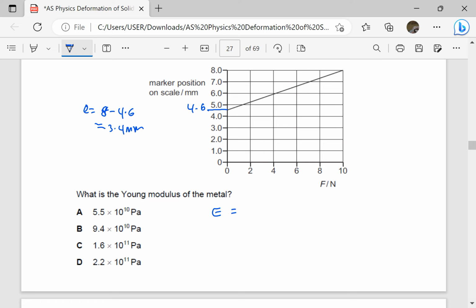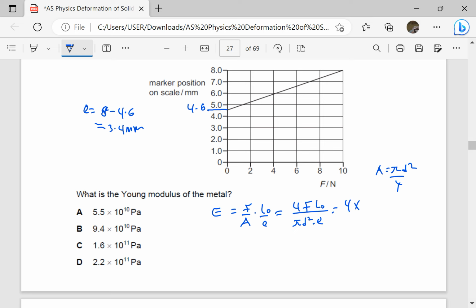We know that Young modulus is equal to the force over cross-sectional area times original length over extension. Because they gave us diameter, area is pi d squared over 4, so the 4 goes up, so I have 4 F L naught divided by pi times d squared times e. So I will substitute.